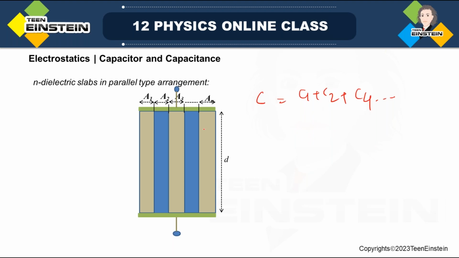They have the same length but a small difference of area. This is the cross-sectional area A1.